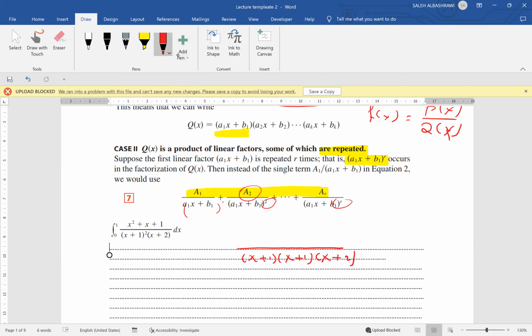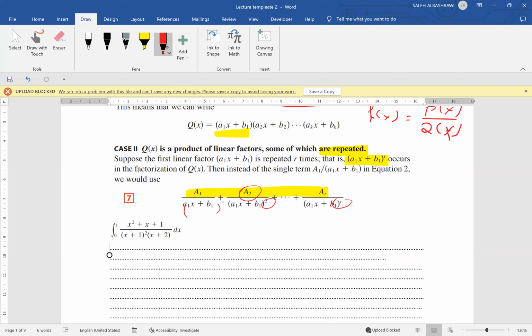So we have 3 factors, and we can write it as A1 divided by x plus 1 for the first one, plus A2 divided by x plus 1 to power 2 for the second one, plus A3 divided by x plus 2. Since we have 3 factors in the denominator, we write 3 fractions.